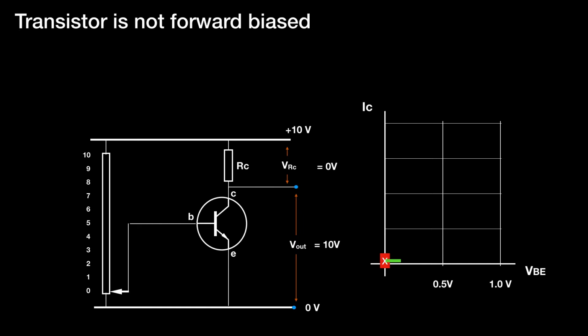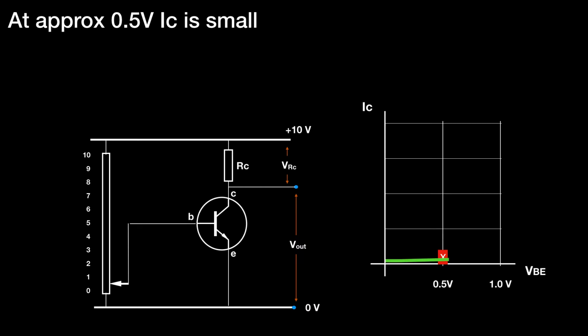If we increase the potentiometer such that the base voltage is now half a volt, we will see some current just starting to flow in this NPN transistor. With the current flowing, perhaps we will see 1 volt.